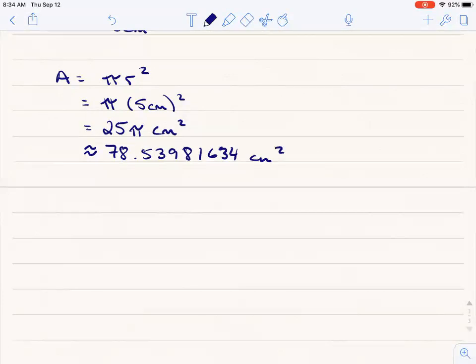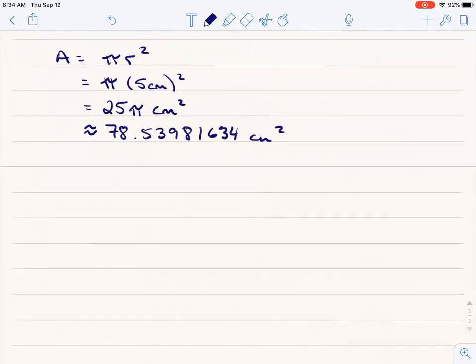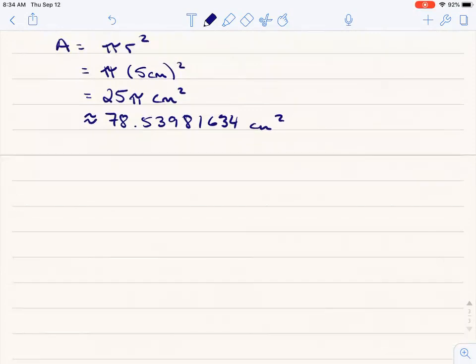So, yeah, again, not sticking to sig figs and things. And it's approximate because 25 pi is right. What's the word I'm looking for? Precise.